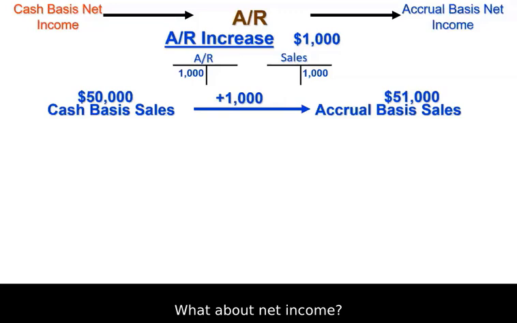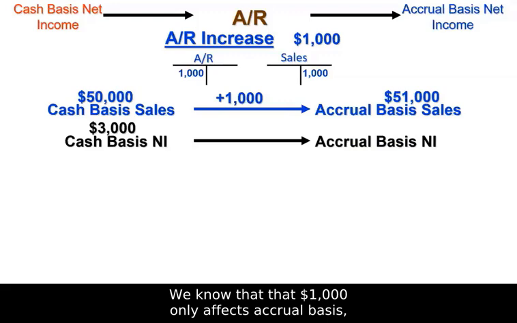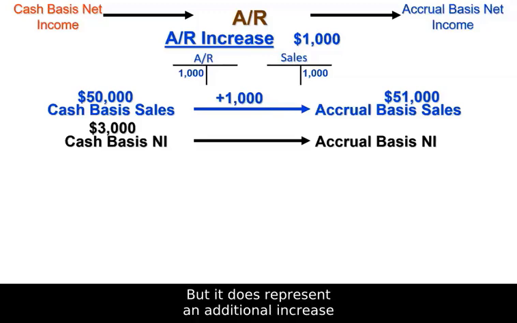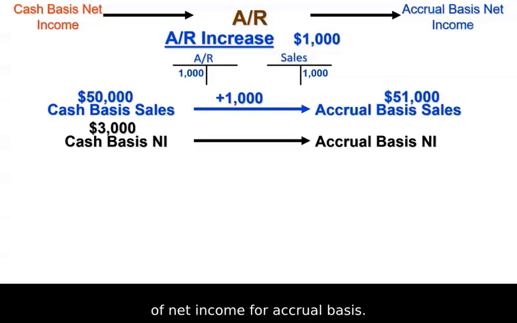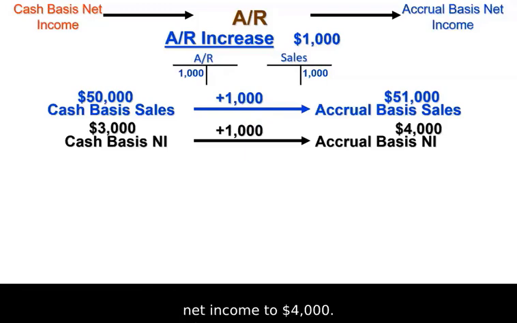What about net income? Well, let's assume that our cash basis net income was $3,000. We know that that $1,000 only affects accrual basis. Therefore, it is not included right now in that $3,000. But it does represent an additional increase of net income for accrual basis. And so we would add it, and that would increase our accrual basis net income to $4,000.